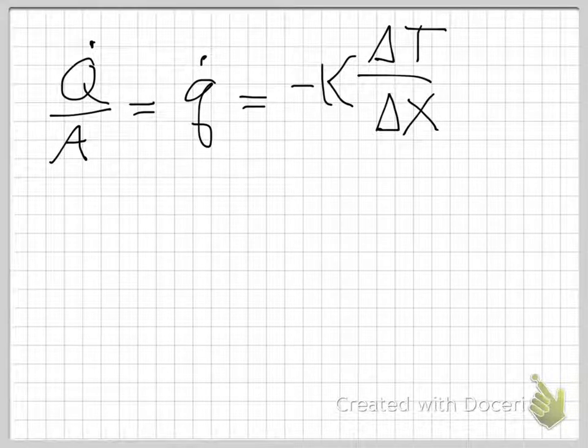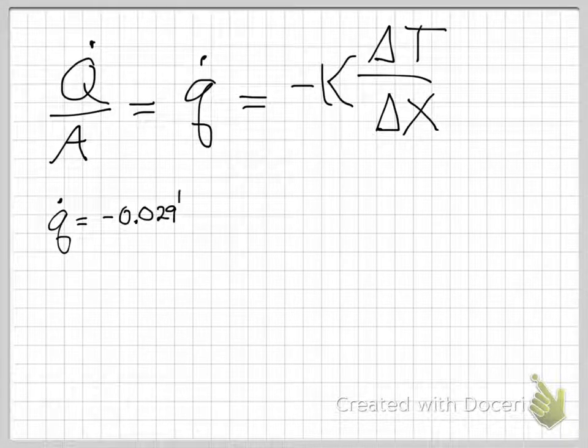So our heat flux equals negative 0.029 BTUs per hour per foot per degree Rankine.